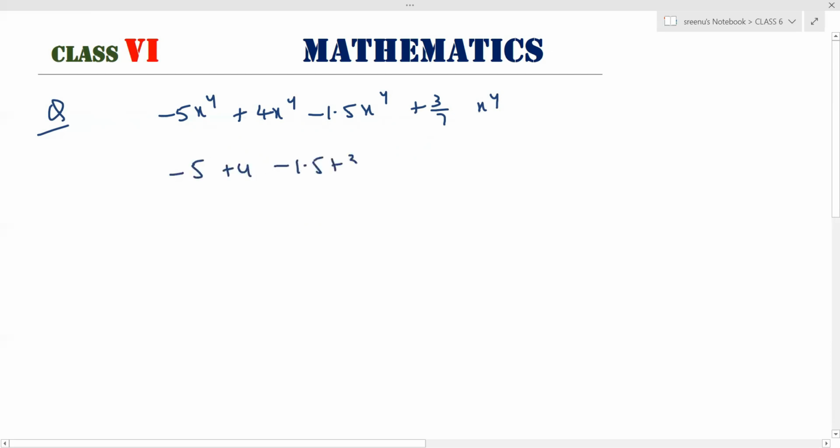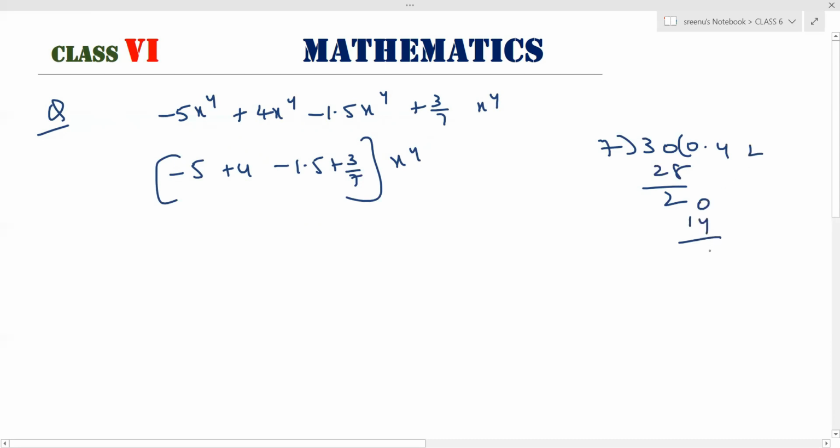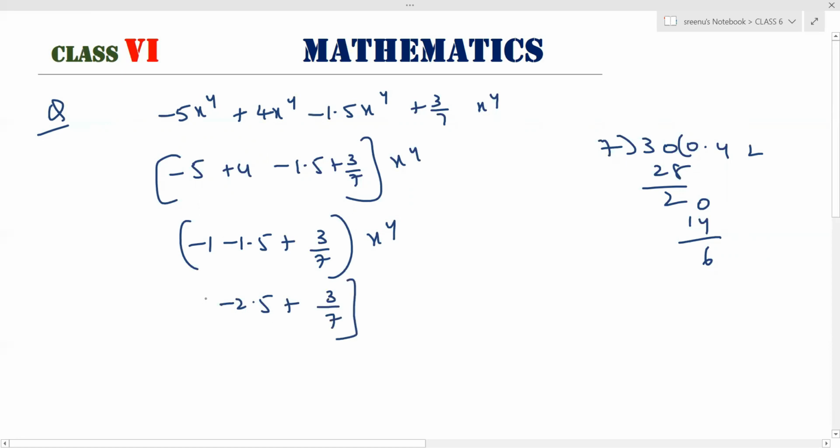You can write 3 by 7 as a decimal, but it keeps repeating, so let's leave it out. First minus 5 plus 4 minus 1, minus 1 minus 1.5 is minus 2.5 x power 4.